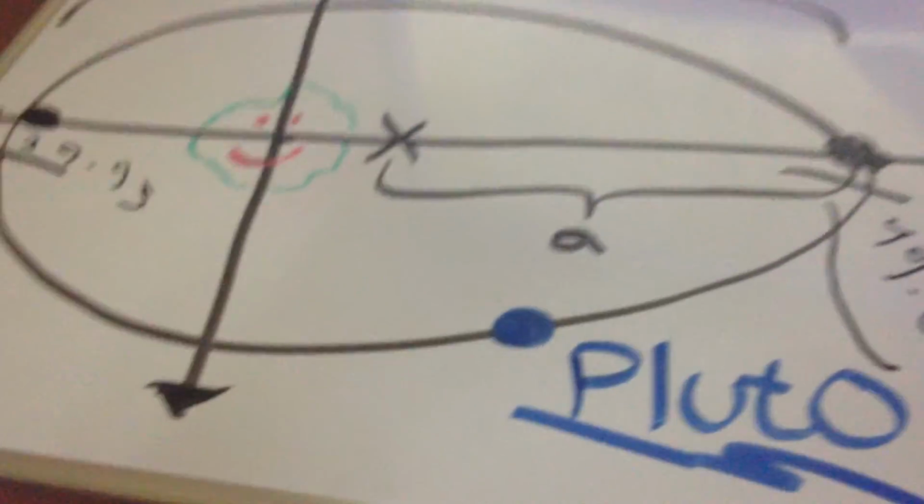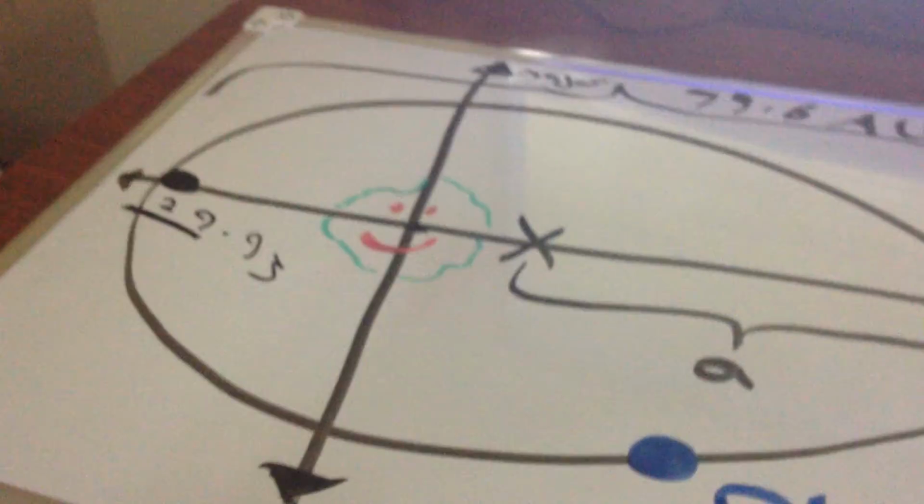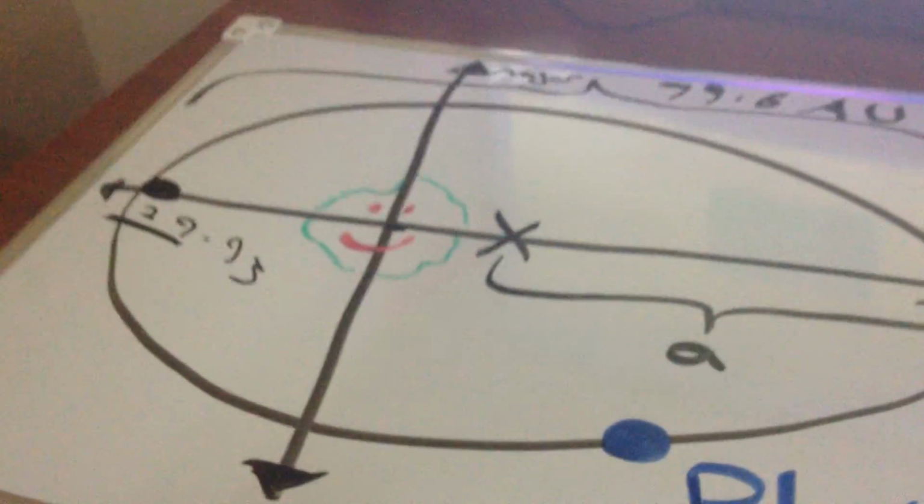And that's how we solve the term 2 part 2 solar system question. Simple and easy. Goodbye.